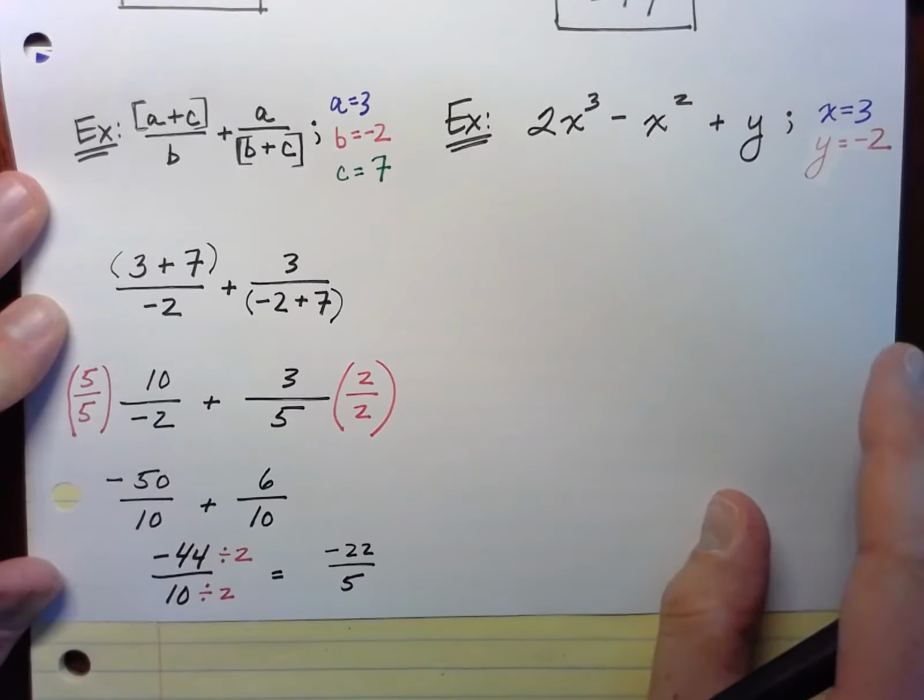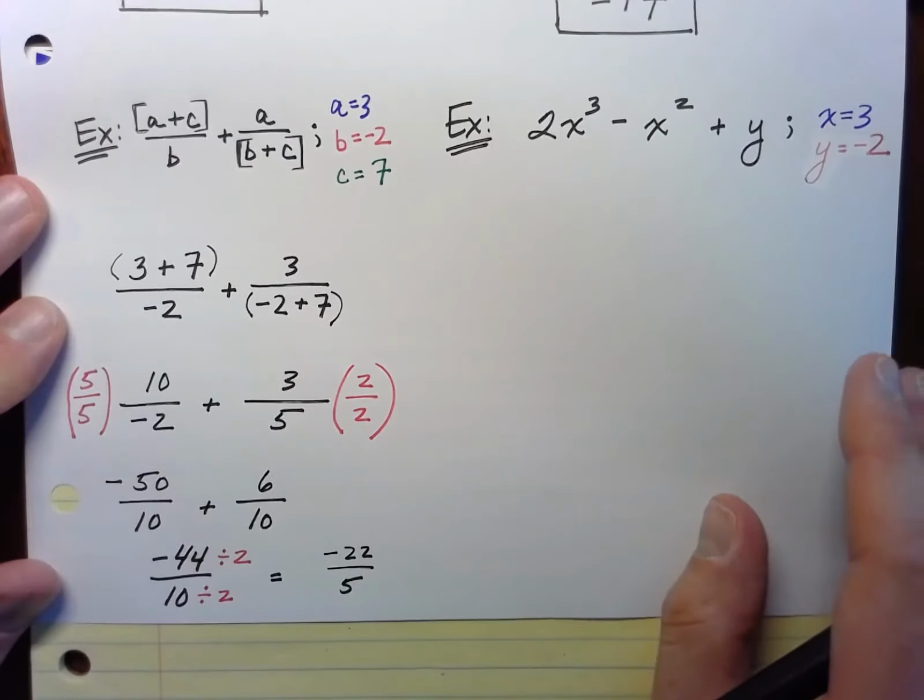Now the last example we're going to do is here. 2x cubed, remember x cubed, this means 2 times x cubed, minus x squared plus y, and here's our x and y.